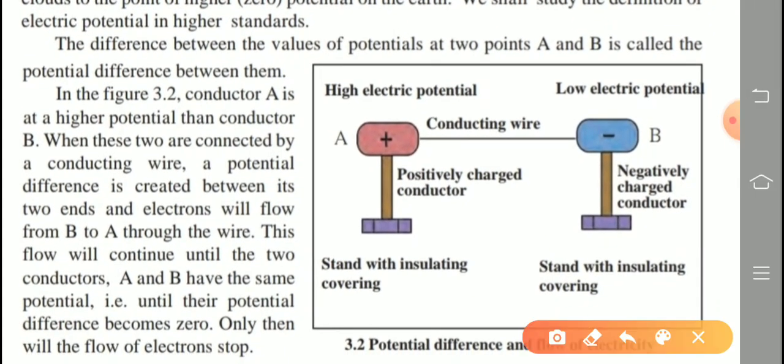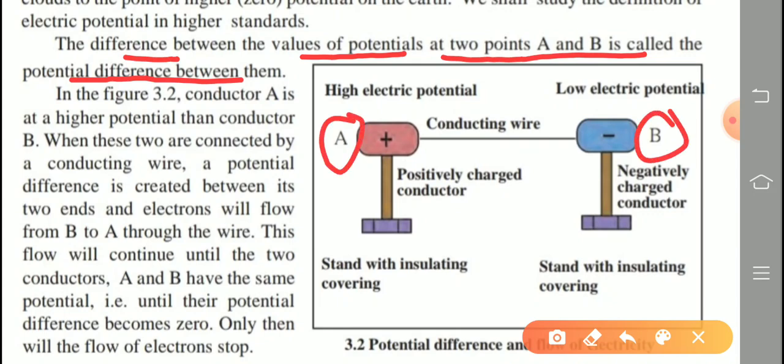Next, the difference between the values of potential at 2 points A and B is called what? Potential difference between them. The difference between the values of potential at the 2 points A and B shown here is called the potential difference between them.